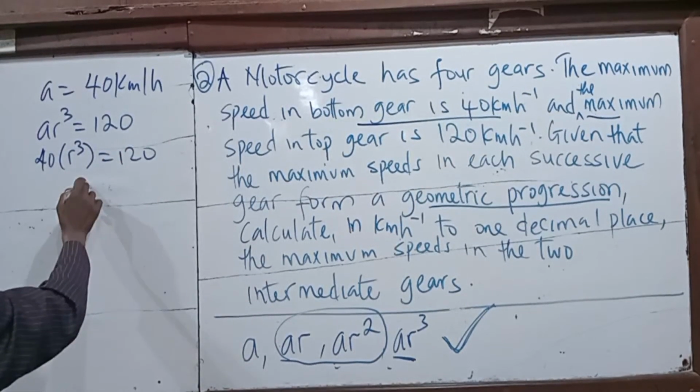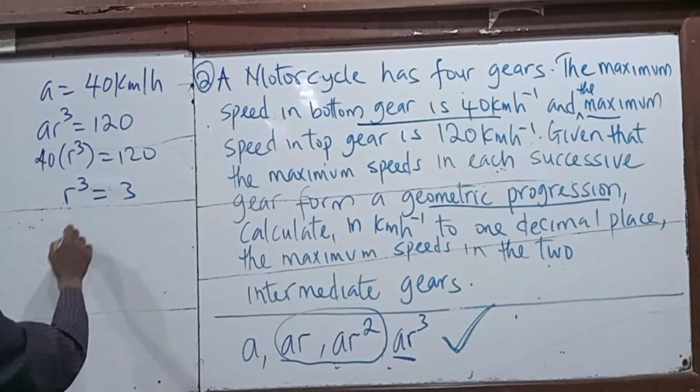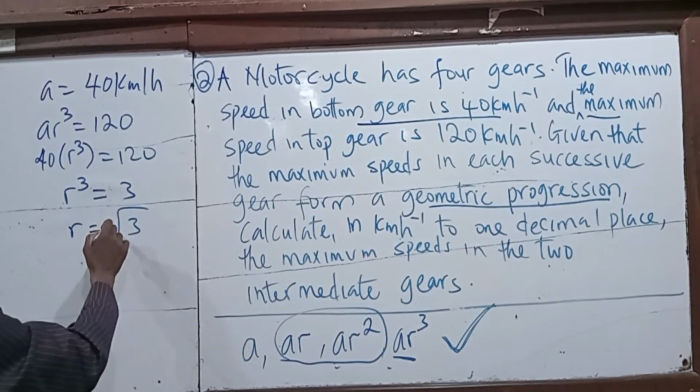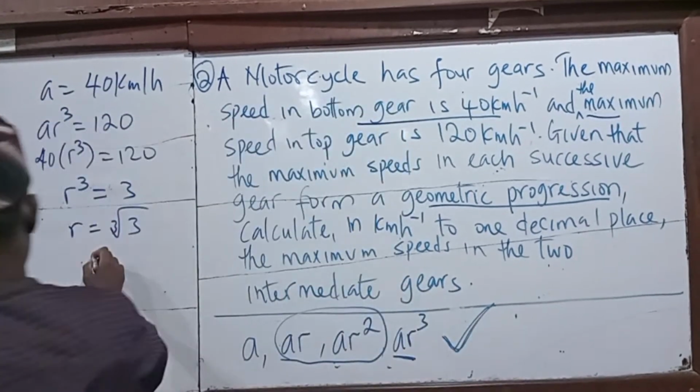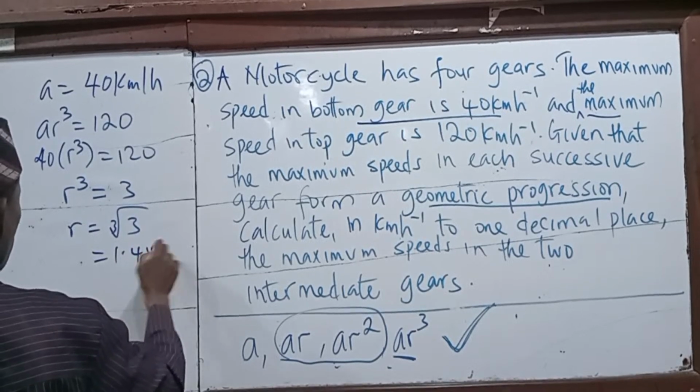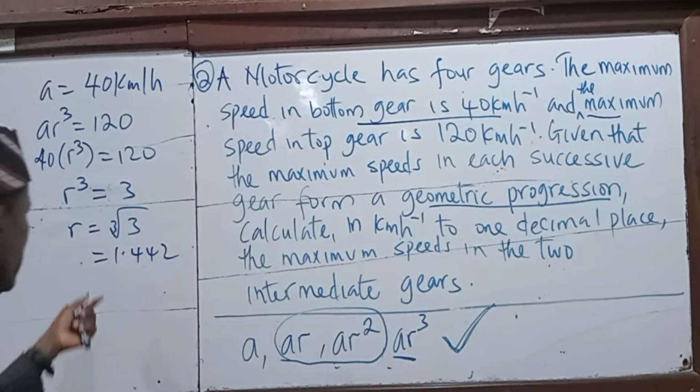Make R cubed the subject, so R is equal to the cube root of 3. That's the common ratio, which should be 1.442.